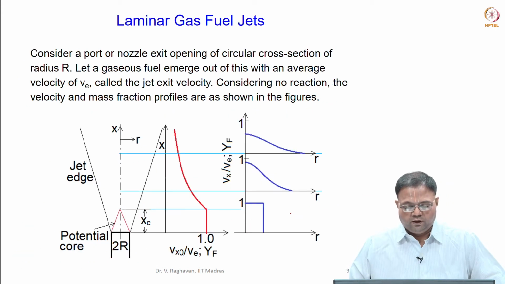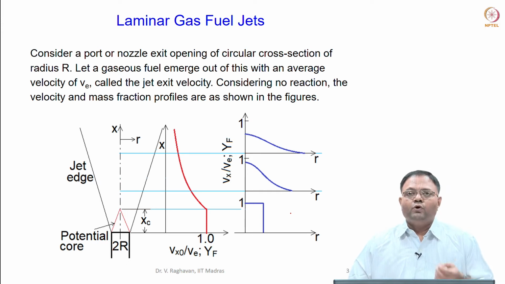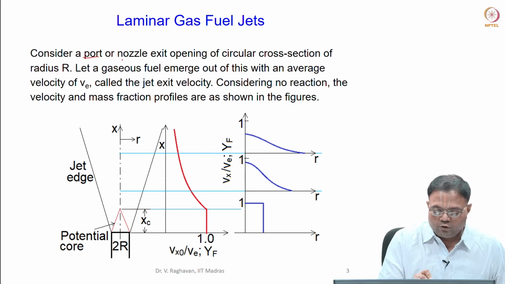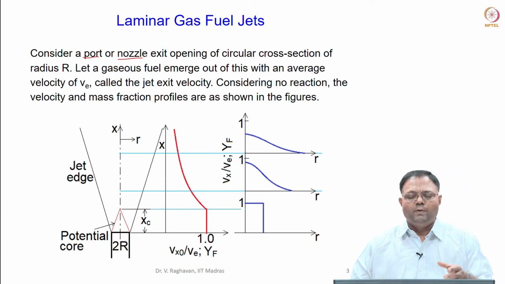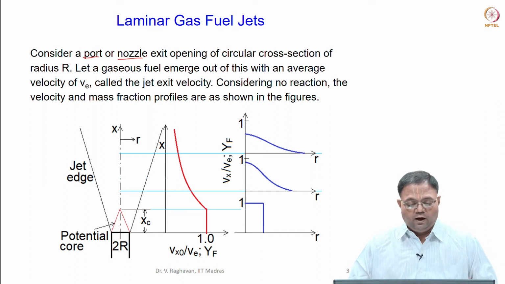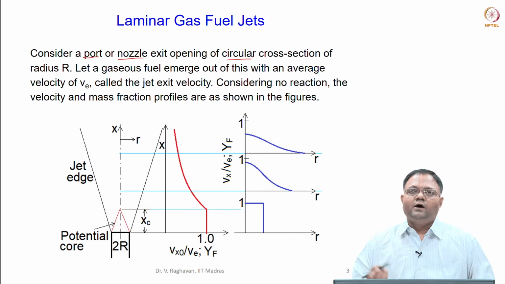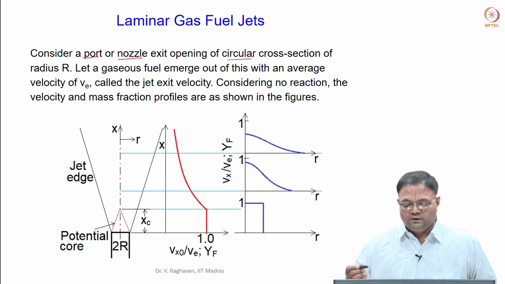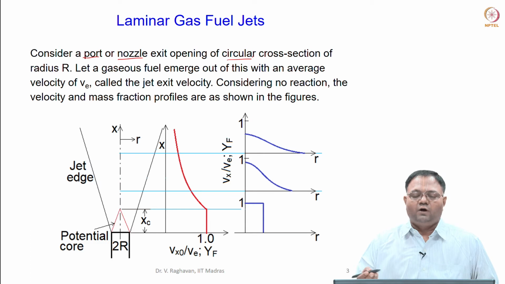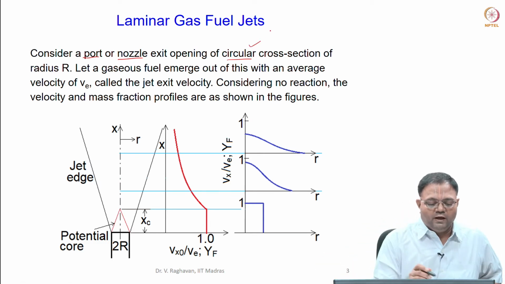Okay, so let us take the simplest case where we have a fuel jet, just fuel alone, coming out of a port or a nozzle. The port may be a circular pipe with only fuel supplied there, or it may be a contoured nozzle. Let us assume a circular cross section; we can also use other cross sections, say square or rectangle, but most burners are of circular cross section, so we will consider a circular cross section with a radius of r.